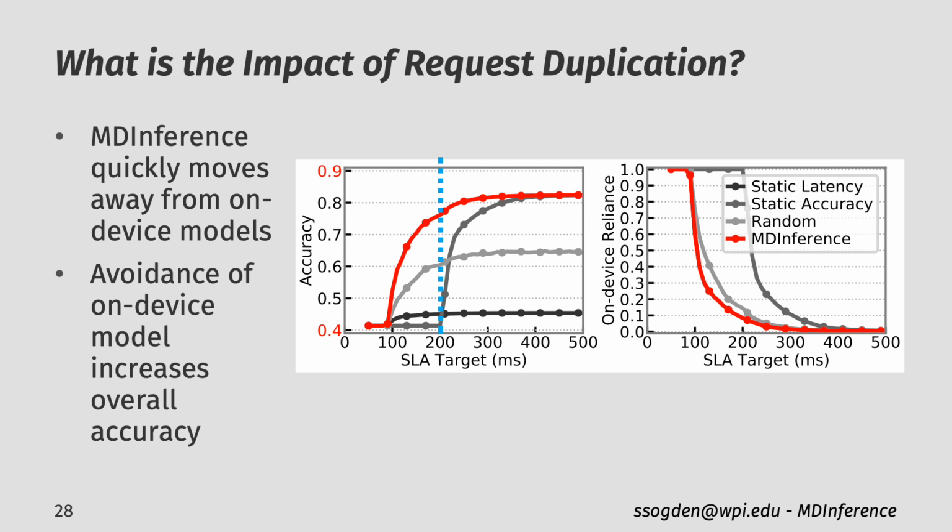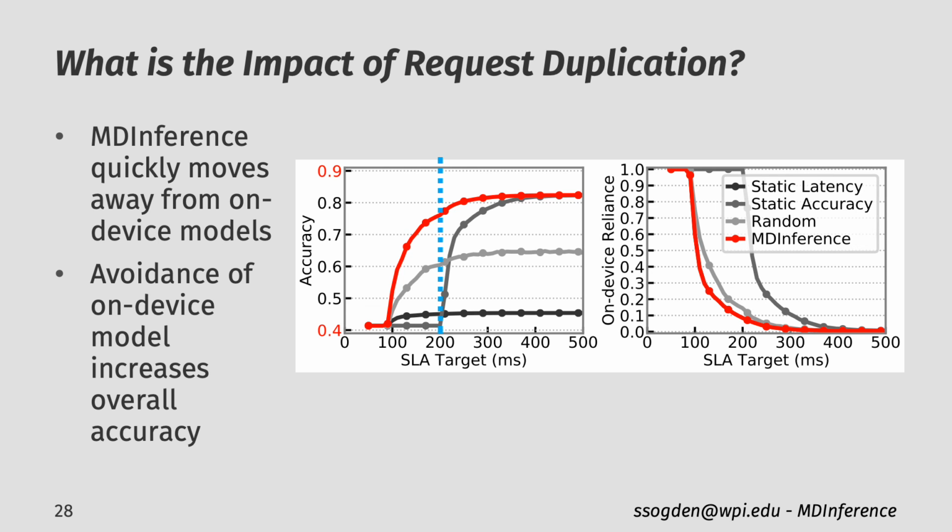We can see that at the same latency target, 250 milliseconds, MDInference provides a much higher accuracy than the static latency. At this point, the static latency approach or static accuracy approach is just beginning to be able to return responses within the target response time.